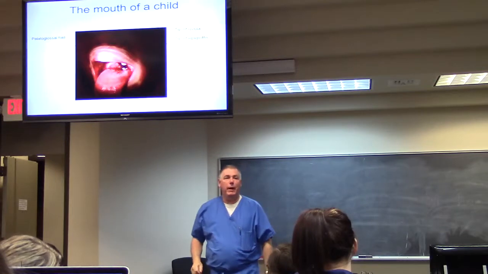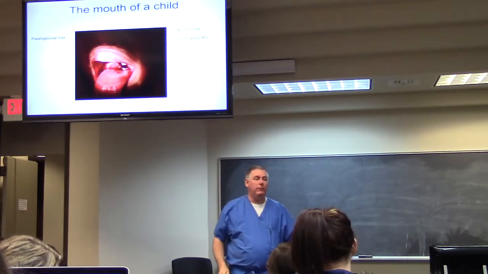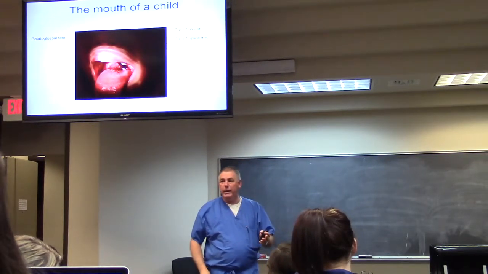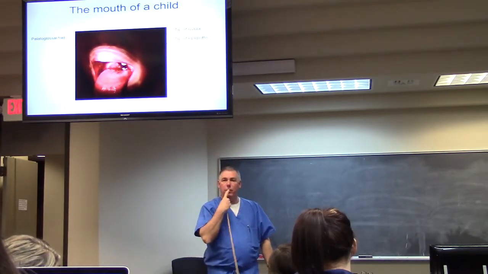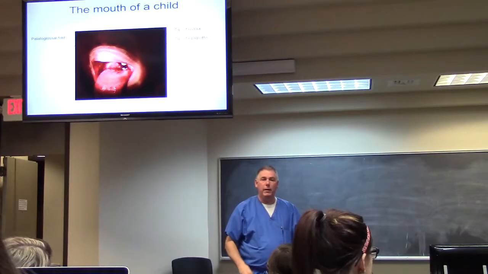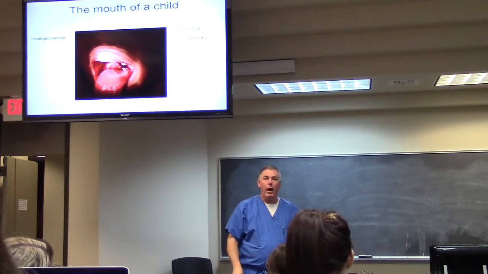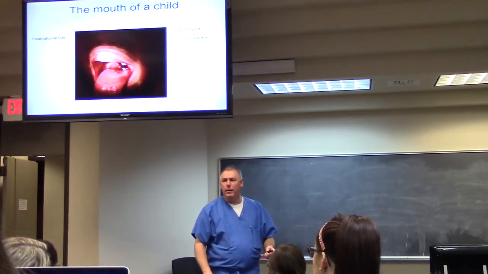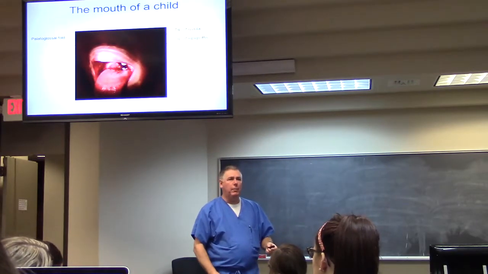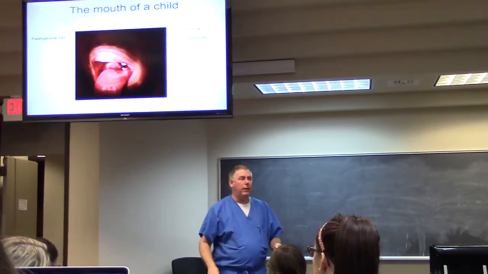It sticks up actually quite high. It's truly impressive. If you've got little kids, nieces and nephews at home, get them to open their mouth, maybe put your finger on their tongue to hold it down a little bit, get them to say ah, and you just, wow, that's huge. And occasionally you'll have a parent come in to say that my kid has a tumor in the back of their mouth. In fact, it's the epiglottis.